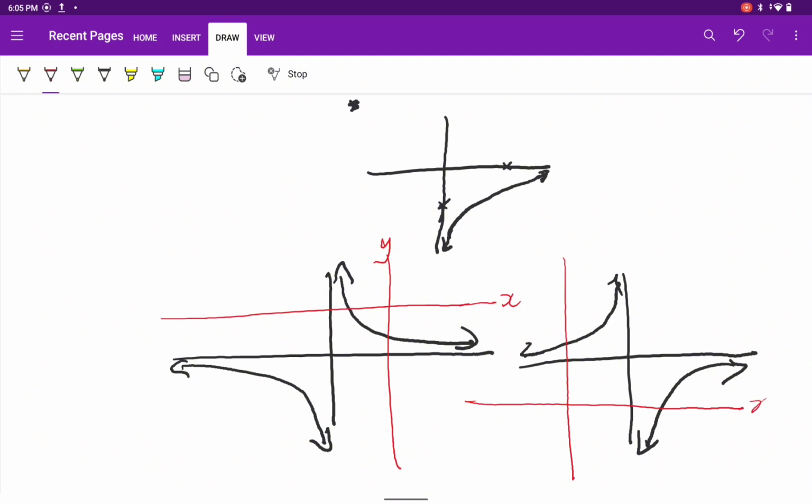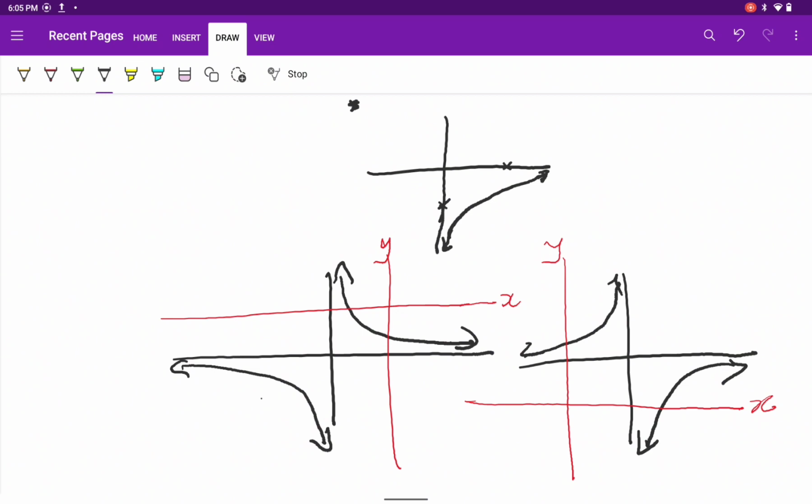For this one, we can have the x-axis here, the y-axis here. It doesn't matter, but we are saying the first and the third of the asymptotes, or the second and the fourth of the asymptotes. So that's how we draw the shape of our graph.